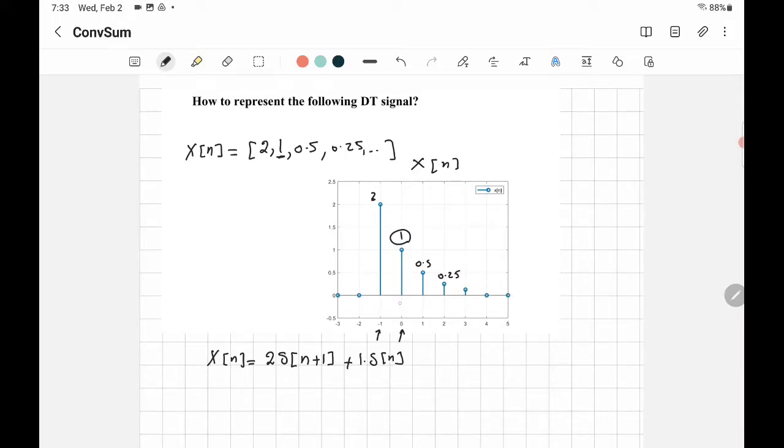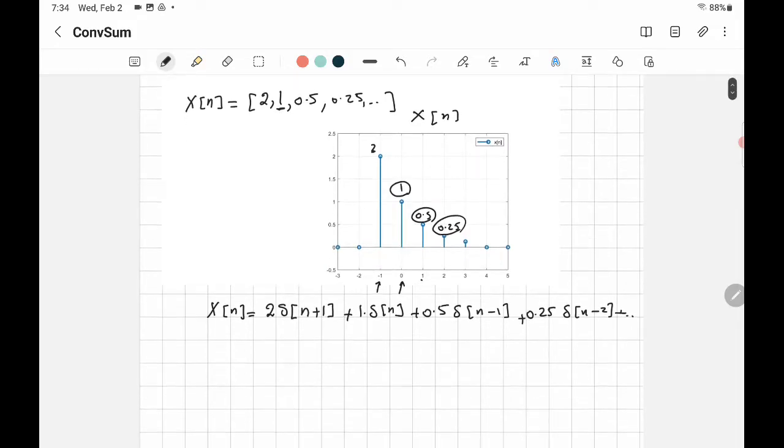Why delta n? Because at n equals 0. Then 0.5 plus 0.5 delta n minus 1, shifted towards the right by 1 unit. 0.25 delta n minus 2, and so on. So that's the way we can do it.